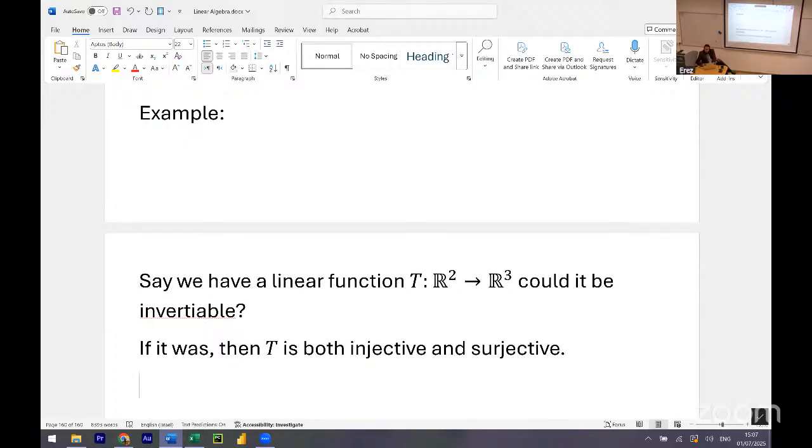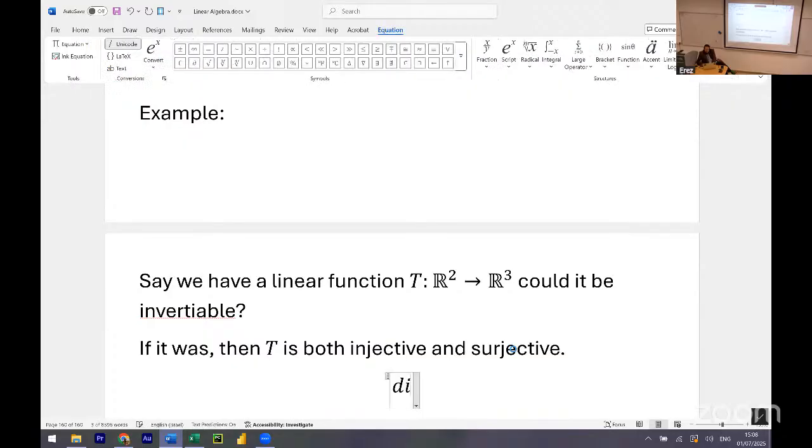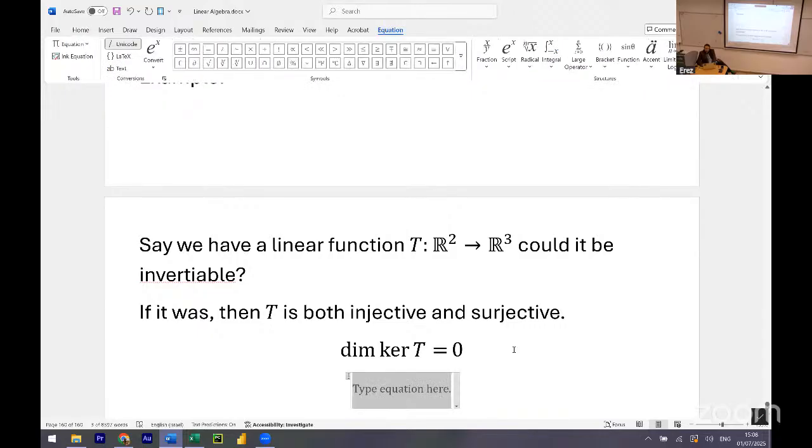Since it's injective, the dimension of the kernel, what is it? 0. Since it is surjective, the dimension of the image is the dimension of R3, which is 3.